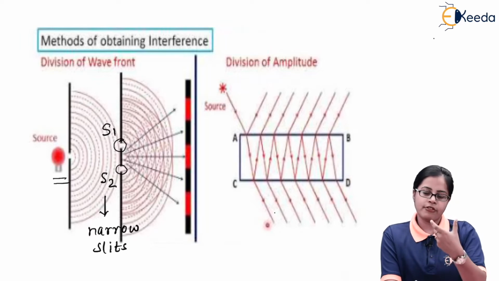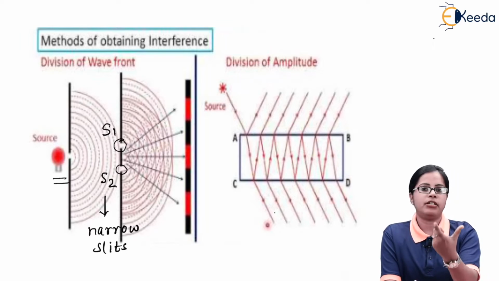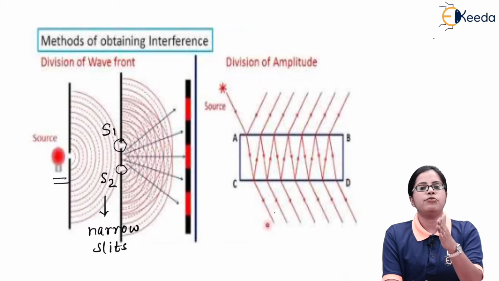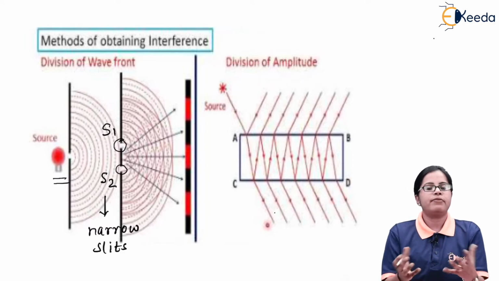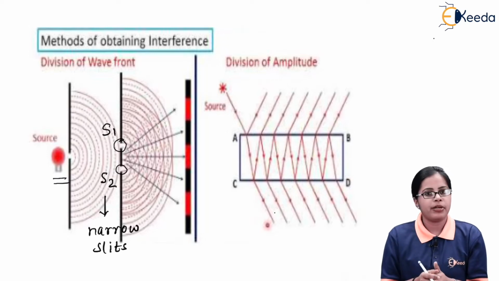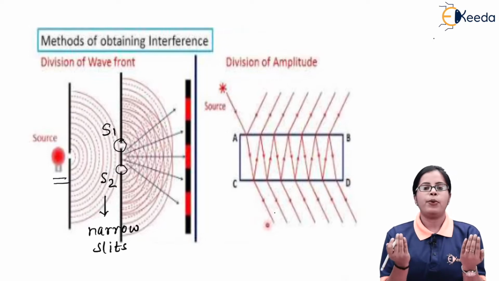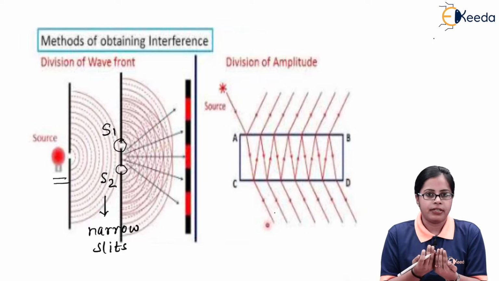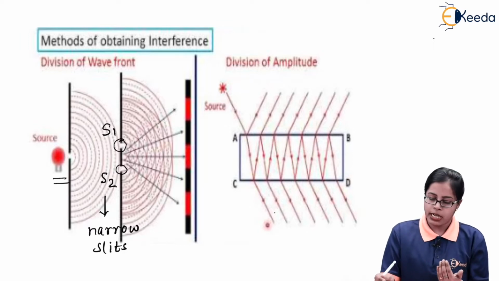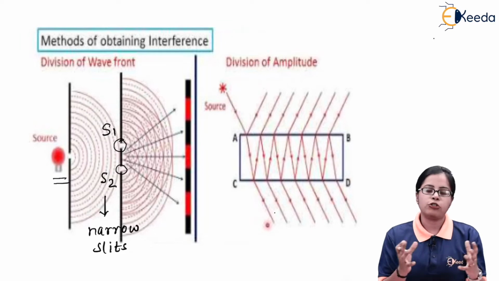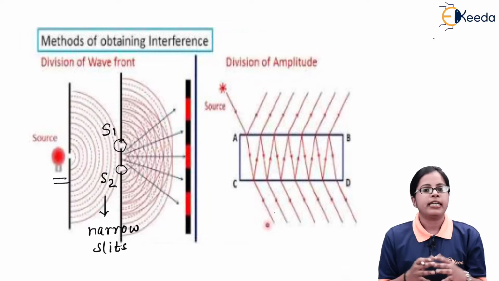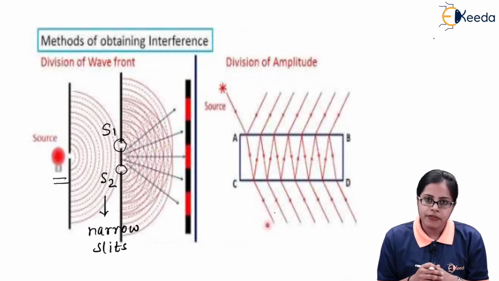So whenever we make use of narrow slits, we divide the wavefronts of the light wave. And when we divide the wavefront with the help of S1 and S2, we allow them to interfere. That is, the light waves coming after S1 and S2 are allowed to overlap or superimpose with each other, giving us the concept of interference.